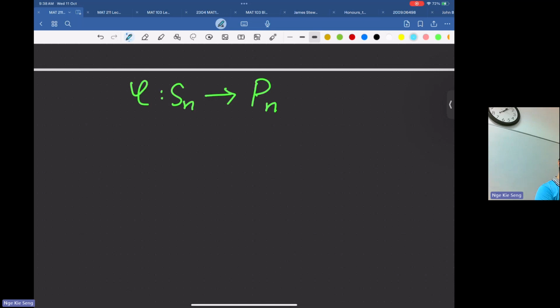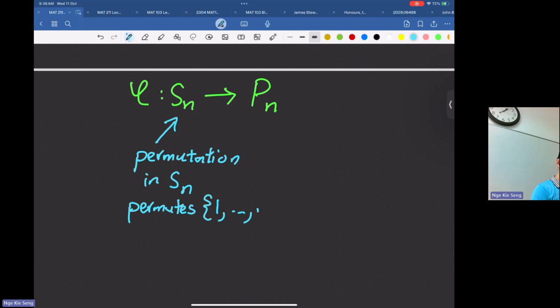I have a permutation in Sn, and this permutes the indexes 1 to n. So how do I send it to a permutation matrix?